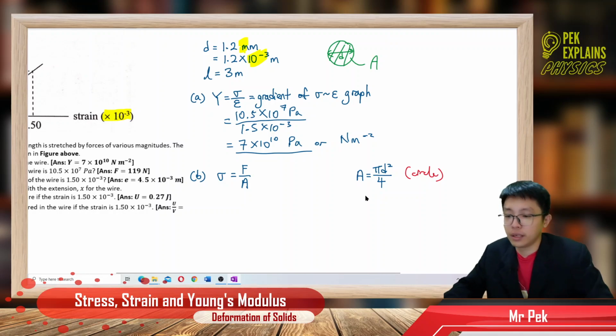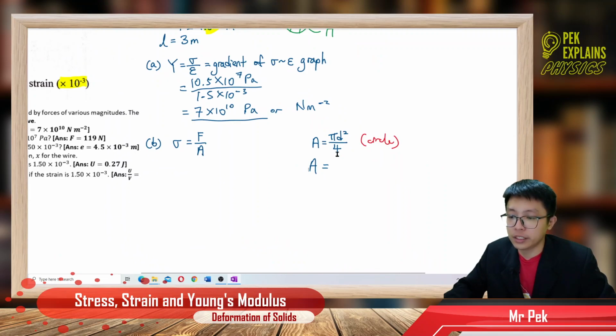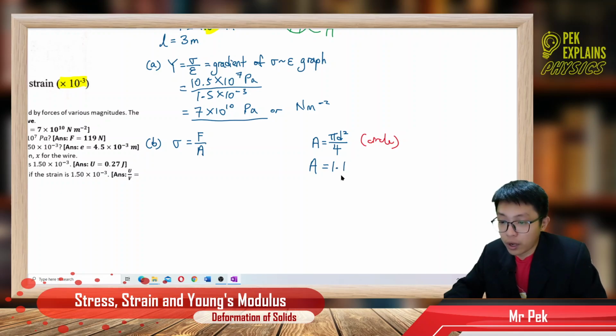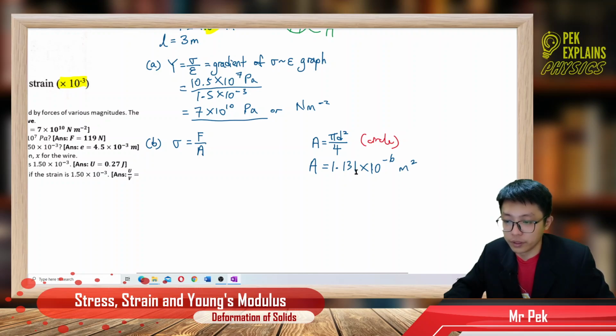So you calculate pi d squared over 4, and the area you will get is 1.131 exponent negative 6. That's the cross-sectional area for the circle.